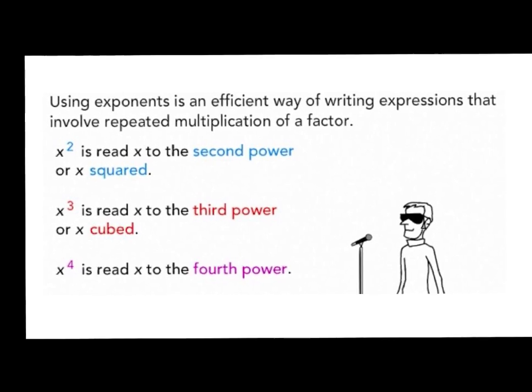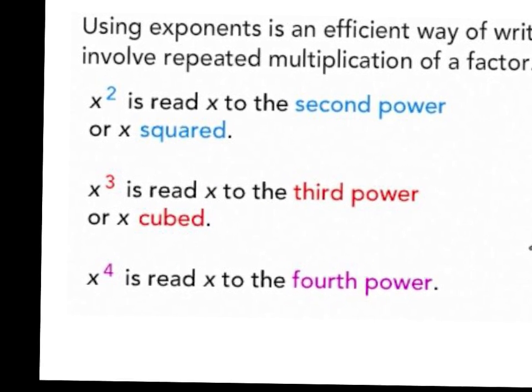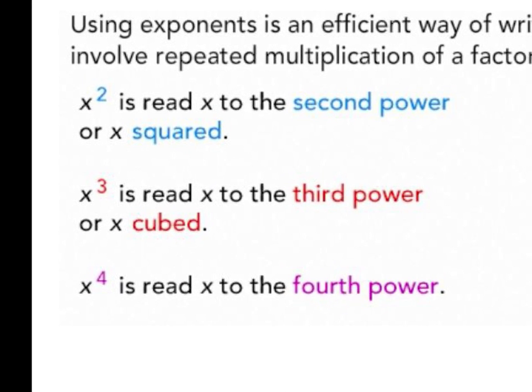So, how to read these things. x to the 2nd power: x is the base, the 2 is the exponent, and x to the 2nd power is the power. Base, exponent, combined, they are a power. You can read it x to the 2nd power, or you can say x squared. Any number or variable raised to the 2nd power is called squared.